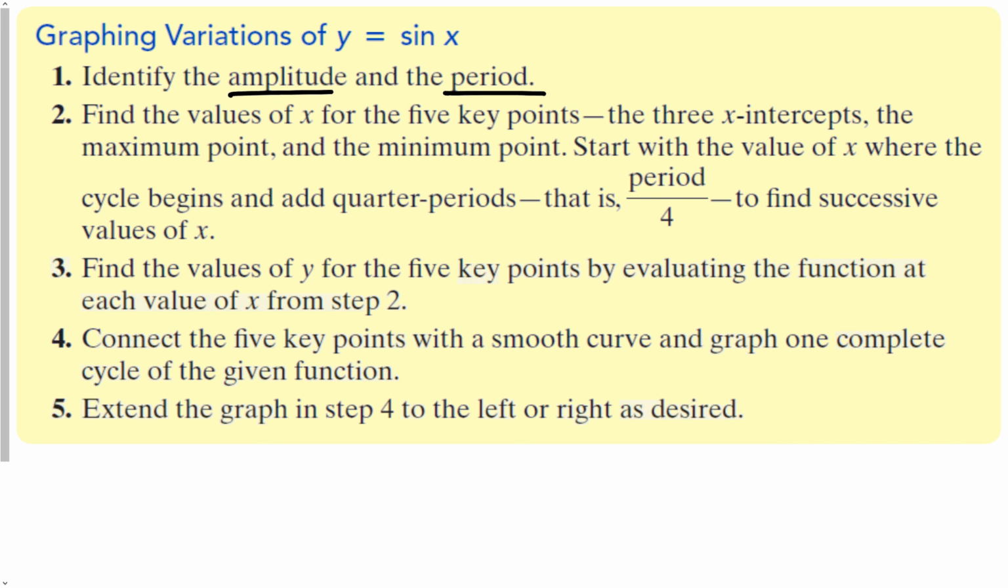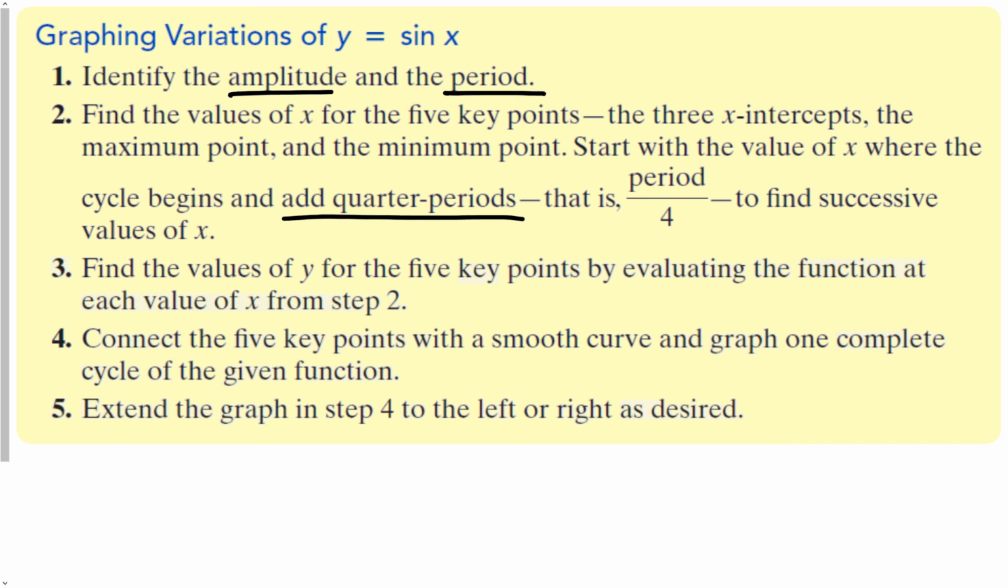So when we find the starting point, we just add quarter periods, the period divided by 4, to find the other x values of the 5 key points.